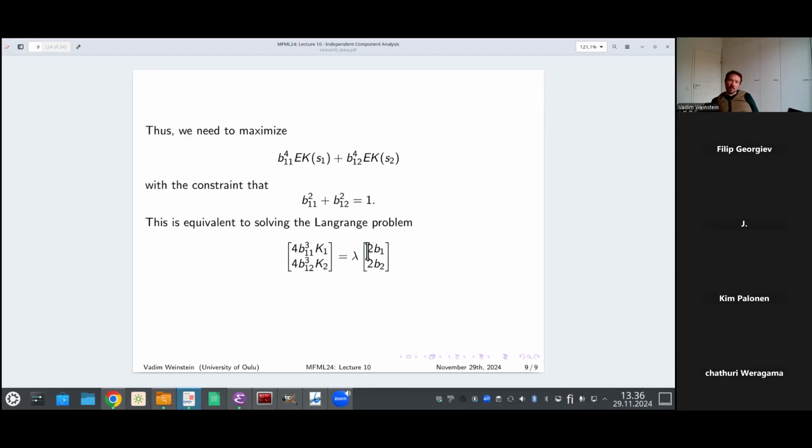Anyway, so this is the gradient of this, obviously, right? So the derivative of this with respect to the first variable here and the second variable here. And now, if you look at this equation, and from the Lagrangian method, we know that by solving this, we get the maximum points for this function.